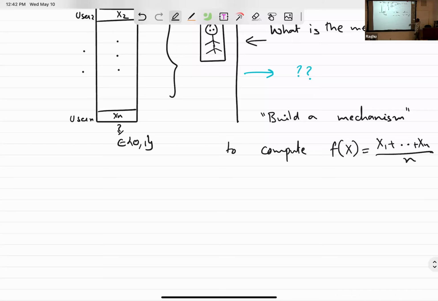This is the function that the analyst wants to know the answer to, and that's what we're trying to compute differentially privately. I'm computing it differentially privately in the sense that what I output will be some kind of approximation to the true answer, but it will always satisfy the differential privacy guarantee. All right.